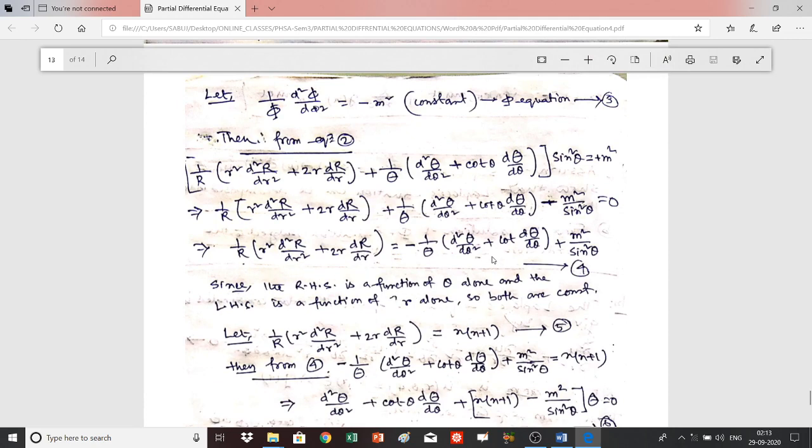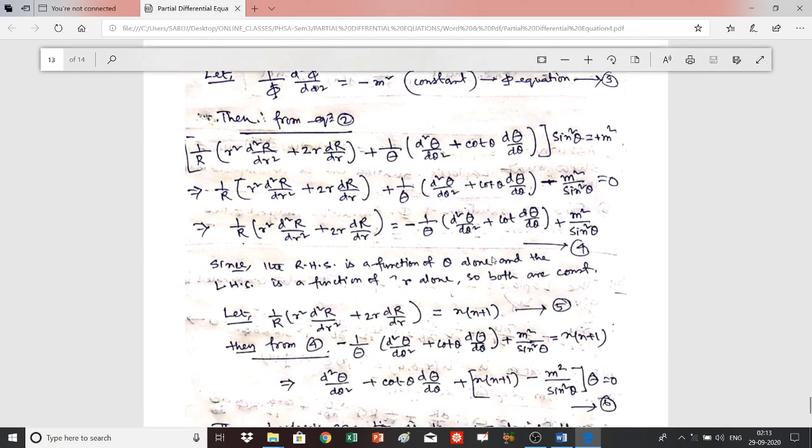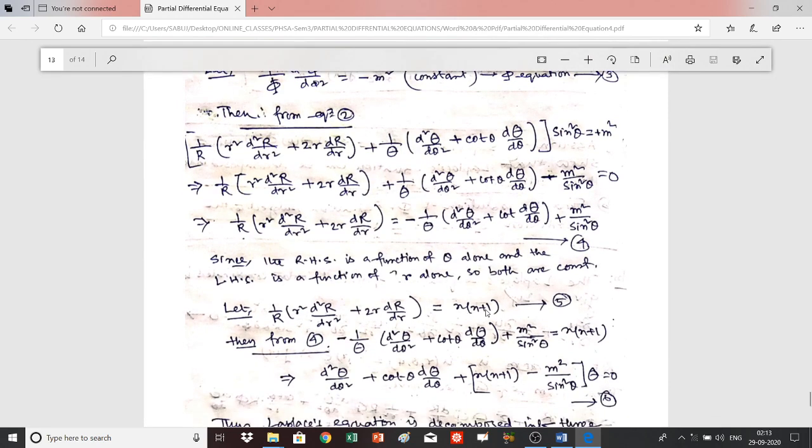So both of them are constants, and this constant is taken as n into n plus 1. Because both terms are constants, this value is equal to n into n plus 1.